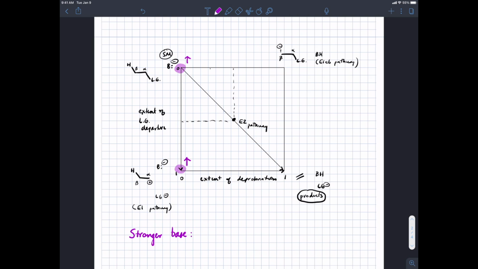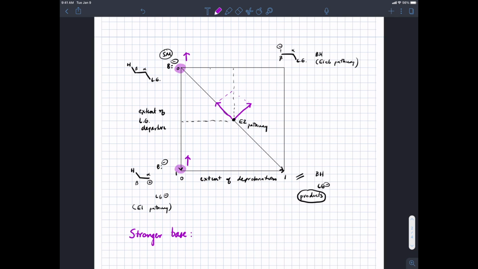And because the base is the same in both cases, let's say that we're raising both of them by similar amounts. So raising the energy of the starting material should result in a Hammond effect that pulls the transition state to be more starting material-like, whereas increasing the energy of the lower left-hand corner should have the sort of marble on a sheet effect where the transition state rolls away from the change.